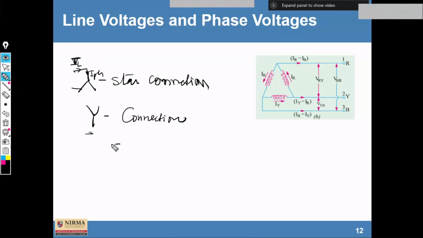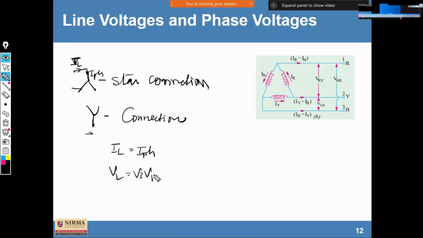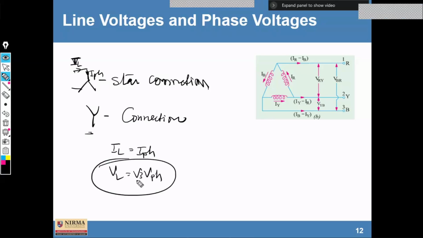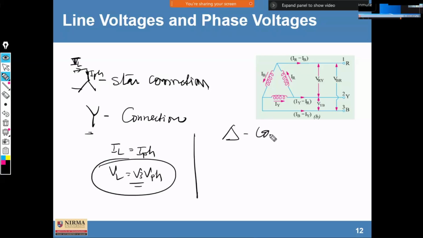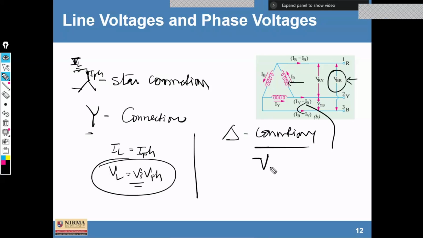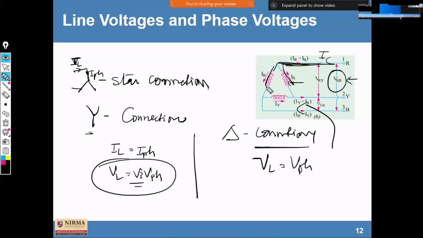IL is equal to IPH, and VL is equal to root 3 times VPH. In the next lecture, we are going to derive this expression. Fine. And what about delta connection? Looking at the figure here, the line voltage is always equal to the phase voltage. So we can write VL is equal to VPH. And there is a relationship between currents because the line current is not the same as the phase current.